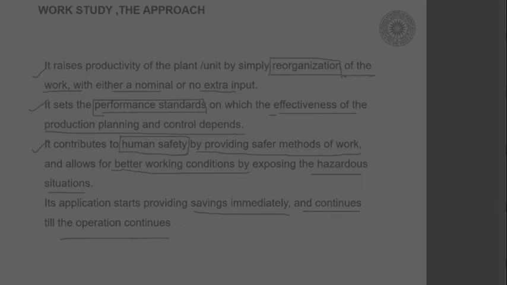That means if we are doing the work study, we are saving as long as we are working. So continuously we are saving while the operation is going on. So it's an approach for reorganization, for setting the performance standard, for establishing human safety and providing savings in the job.